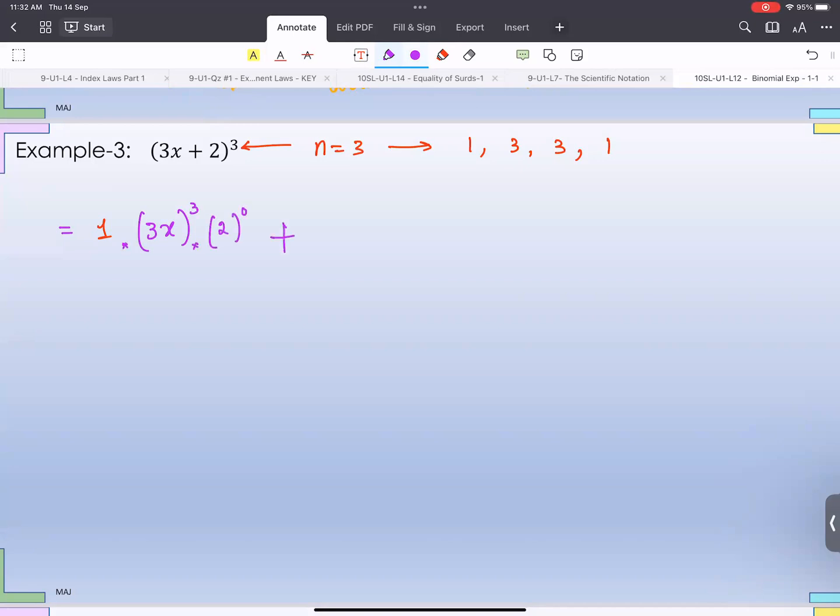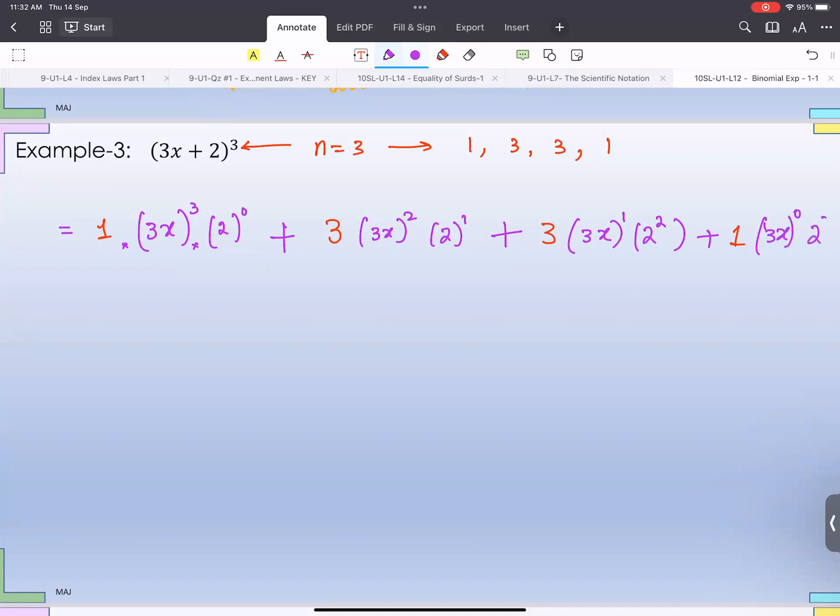The next term is 3 multiplied by (3x) squared times 2 to the power of 1, plus 3 multiplied by (3x) to the power of 1, and then 2 to the power of 2, plus 1 multiplied by (3x) to the power of 0. You don't have to write that.